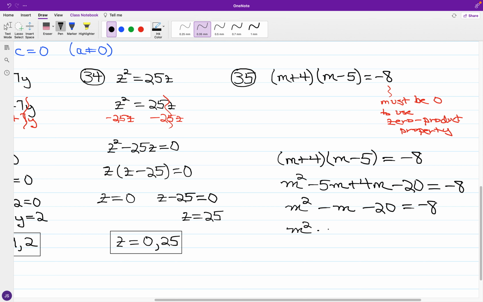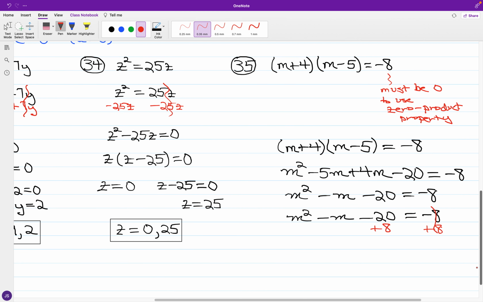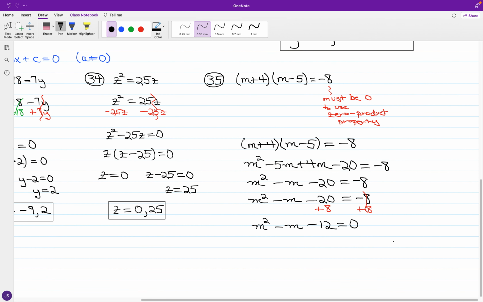Now I can reestablish the standard form where I can have 0 on the right, and this will be made possible upon adding 8 to both sides. So in the rewrite, we have M squared minus M minus 12 is equal to 0. So we have a factorable trinomial expression.